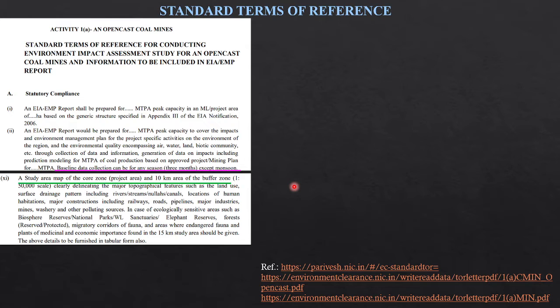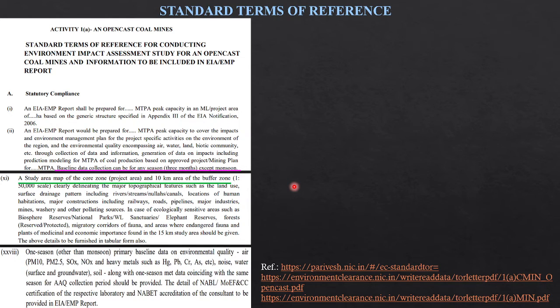So study area is equal to core zone plus buffer zone. And it is again written that for one season other than monsoon, primary baseline data on environment quality, air, noise, water, surface water and groundwater, soil, along with one season meteorological data coinciding with the same season for the ambient air quality collection period, should be provided.